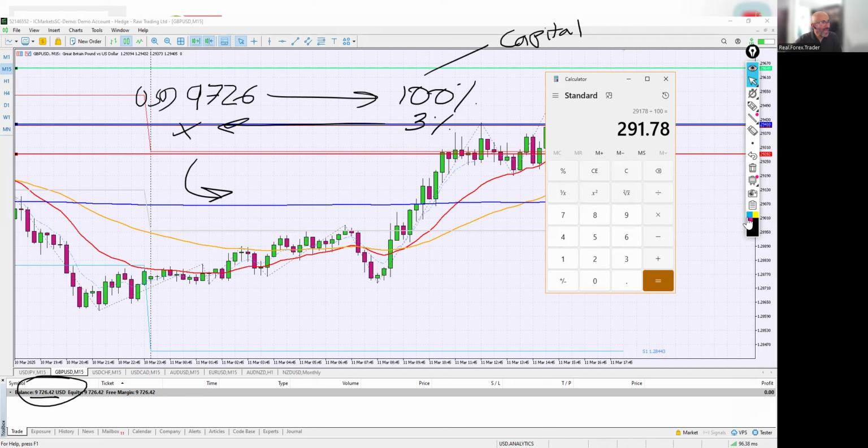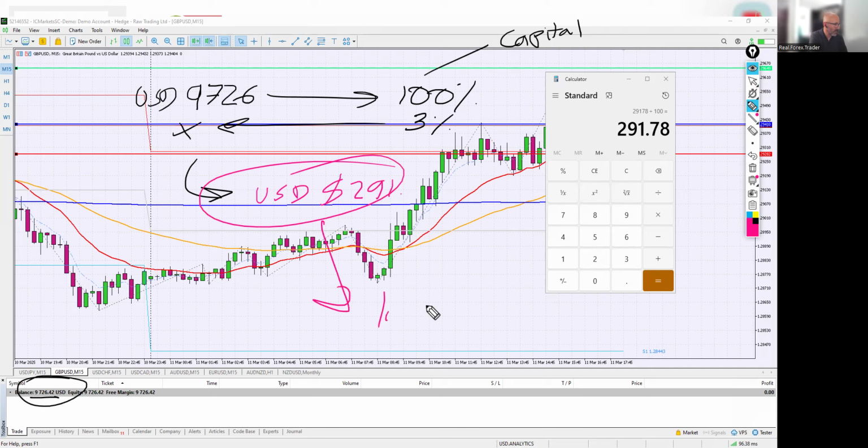So my stop loss for this trade is $291. So if I lose this $291, I am losing 3% of the account.